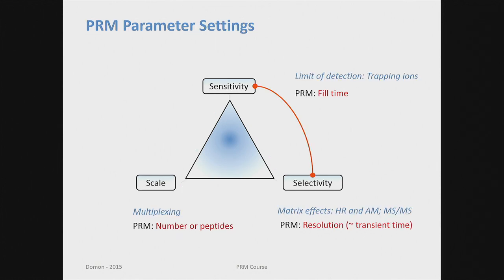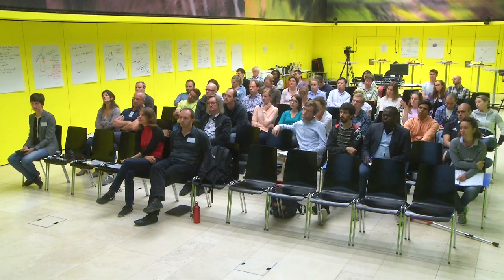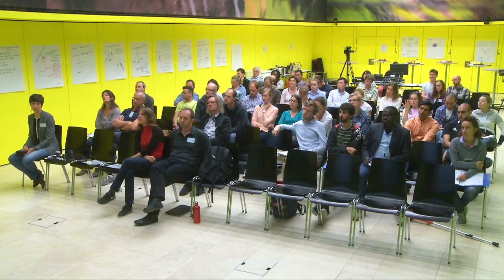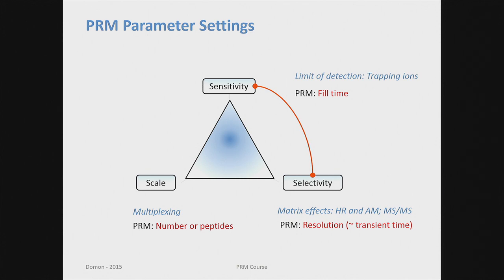What I try to do here is show how we translate that now into a PRM experiment, keeping the same ideas. And what does scaling the number of peptides we want into the experiment mean, and now how do we tune sensitivity and selectivity? So sensitivity, as I showed you before, is basically the fill time. How long do I need to trap my ions to get enough signal so I get a reasonable MS-MS spectrum or an MS1 signal?